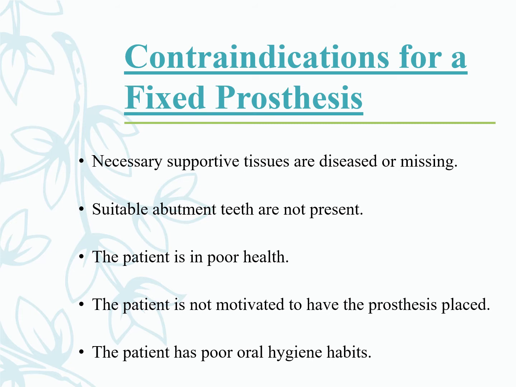Necessary supportive tissues are diseased or missing. Suppose the suitable abutment teeth are not present, or it is a long span edentulous arch, meaning there are more than 3 teeth missing, or the abutment teeth that are present are poor in their support, meaning they have some periodontal issues, or the patient is in general poor health, or the patient has no motivation to have a fixed prosthesis, or the patient's overall oral health is not good.